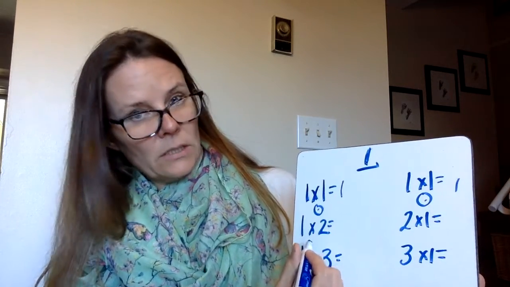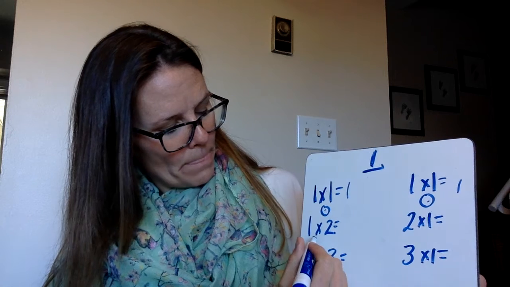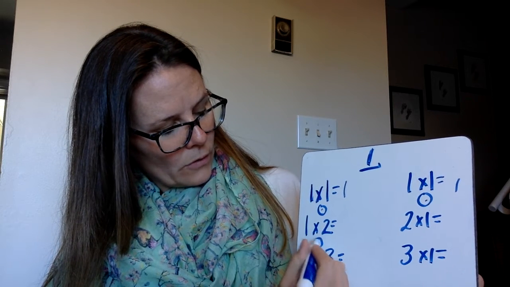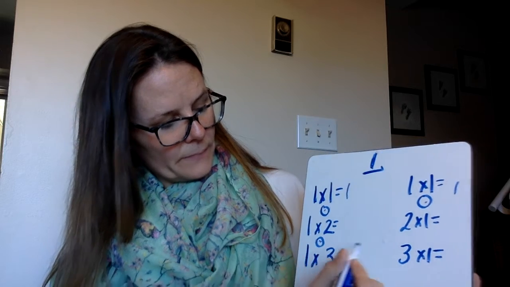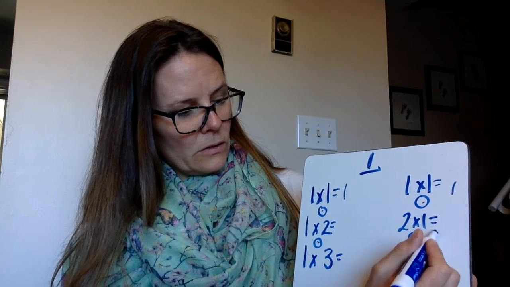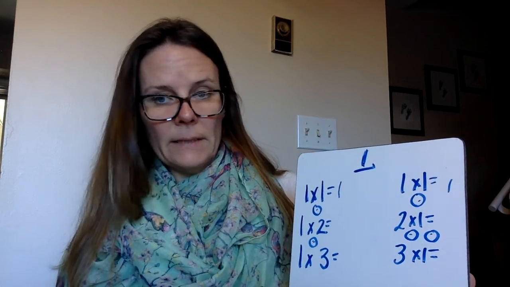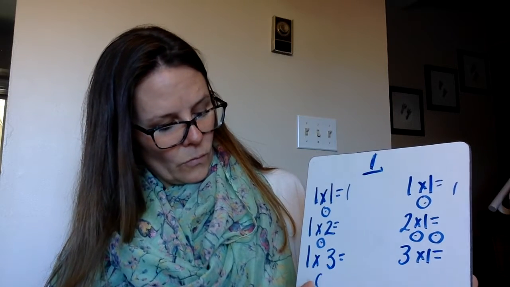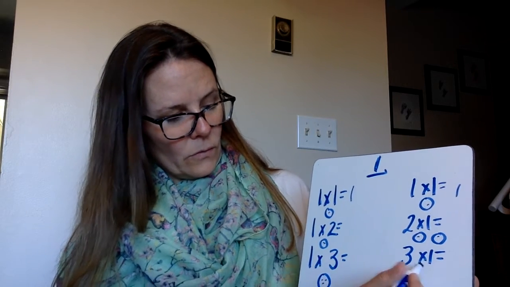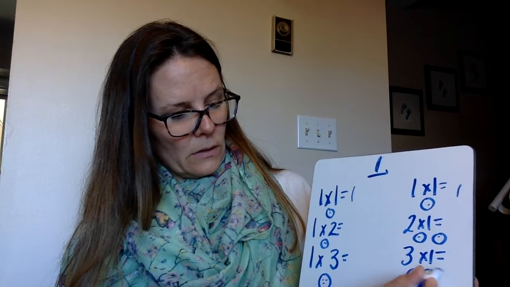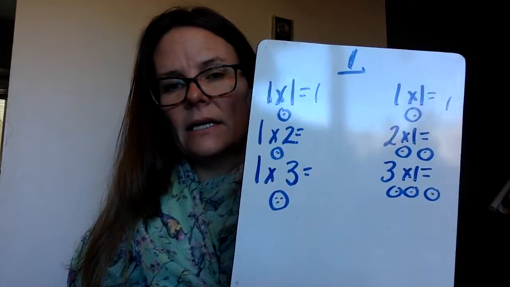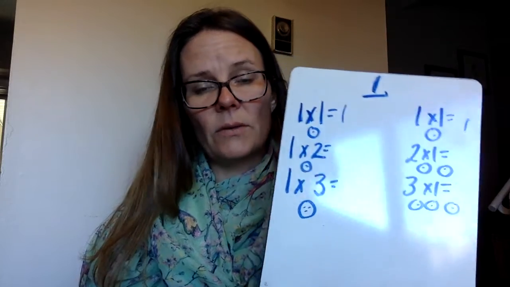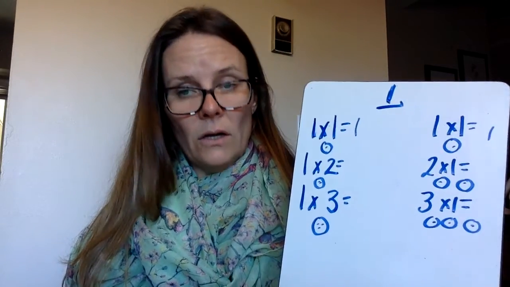I have 1 2 times, one group with 2 in it, or I have 2 groups with 1 in it. I have one group with 3 in it, or I have 3 groups with 1 in it. Either way I look at it, it's just a switcheroo. I can just draw the picture any which way.